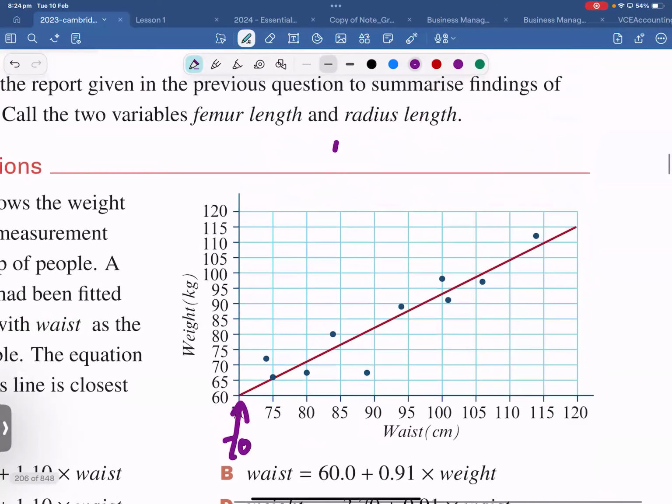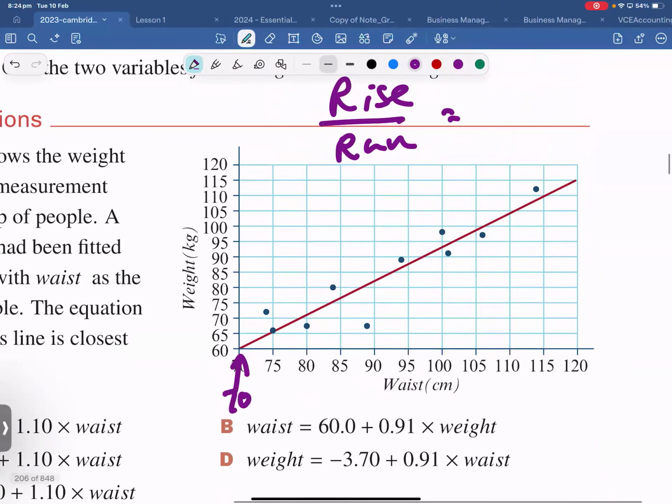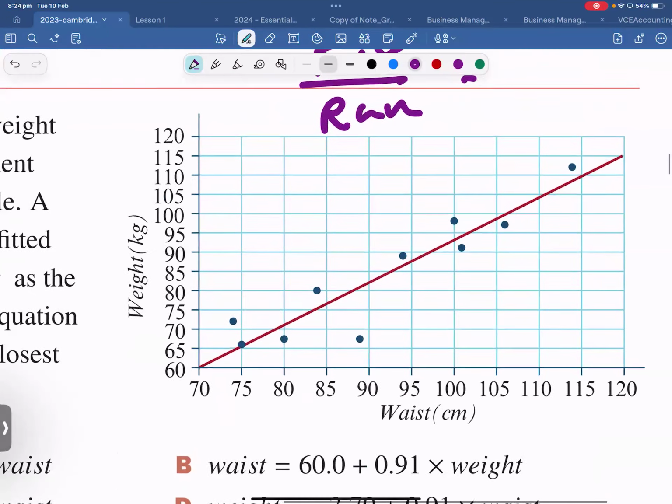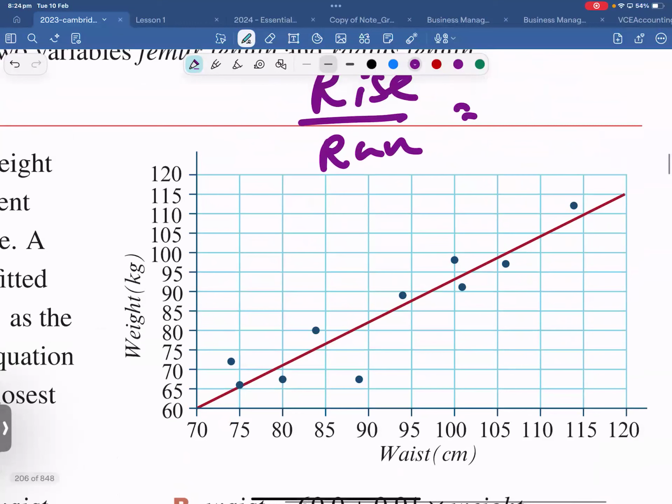Remember, guys, all of you remember rise over run? So that means you have to pick two coordinates. I would pick these ones. This one is going to be my first coordinate, coordinate number 1 here. Coordinate number 2, I would pick something that is easy to calculate for me.